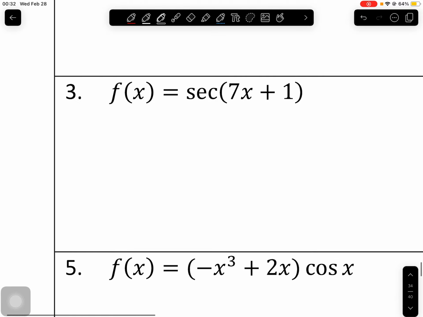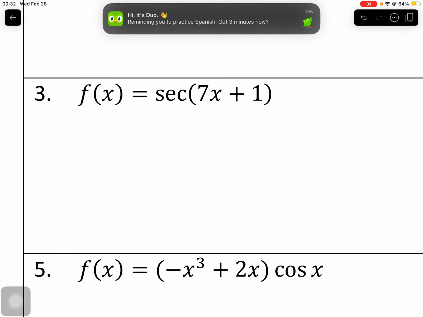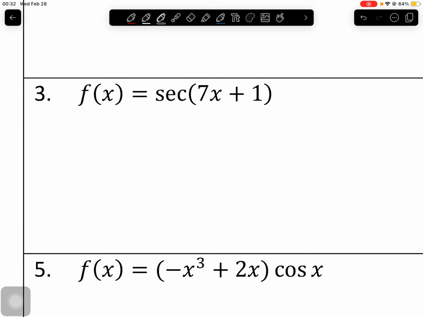Now, question number 3 is basically secant, but you also have to keep in mind you're getting the derivative of this whole thing. So the way I like to remember it, I'm Gujarati, and I like to know it as sec u times tan u, times du.